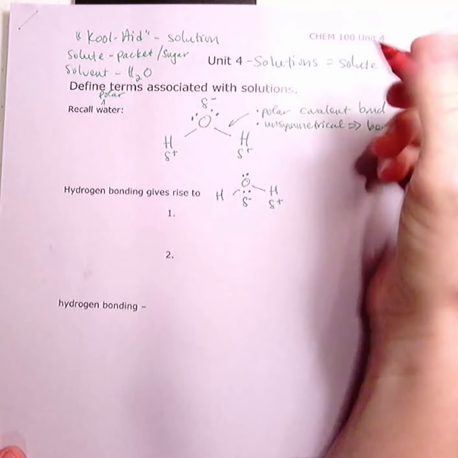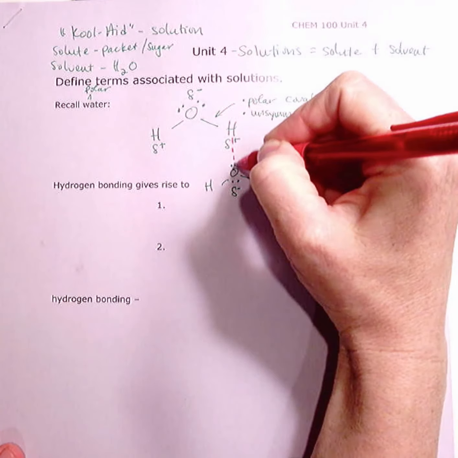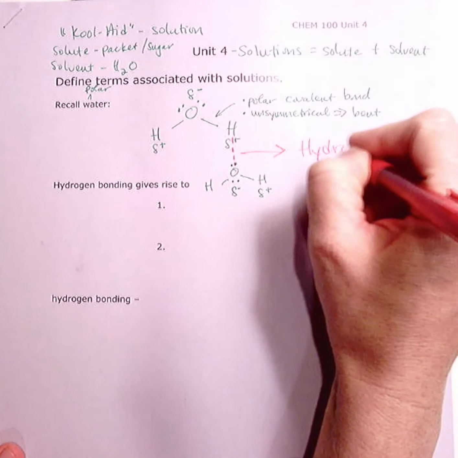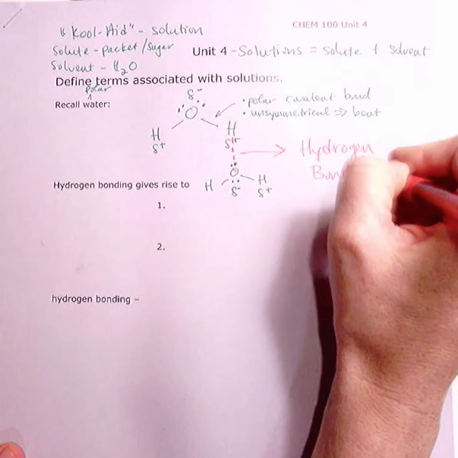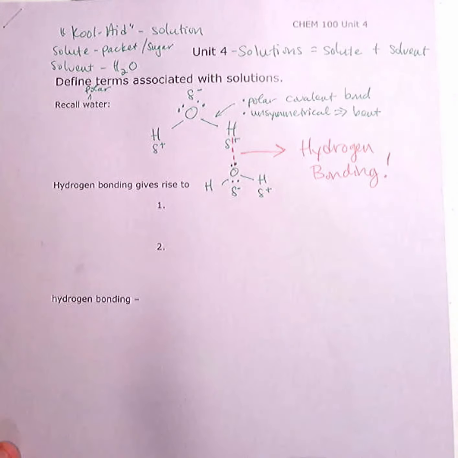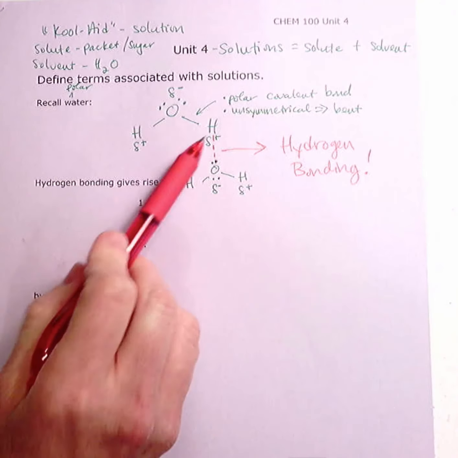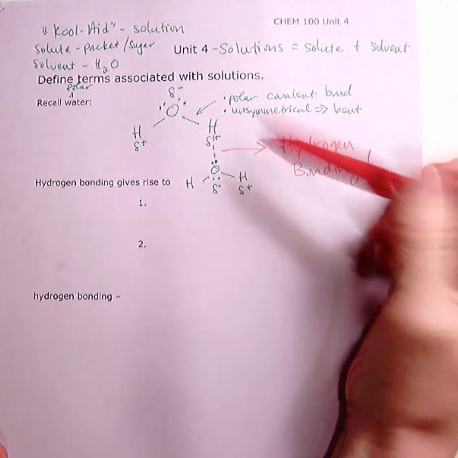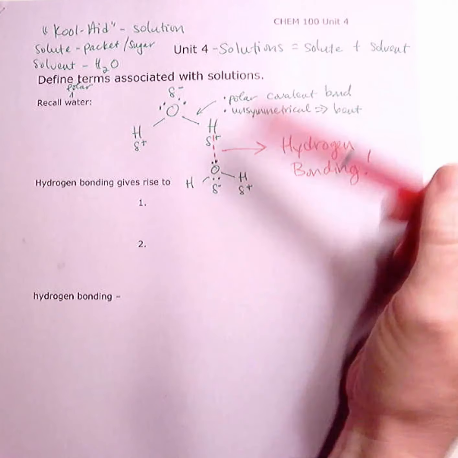But this red bond that I'm drawing here, this is hydrogen bonding. A lot of students mistakenly think that hydrogen bonding takes place between this oxygen and hydrogen, which it doesn't. It takes place with another molecule.